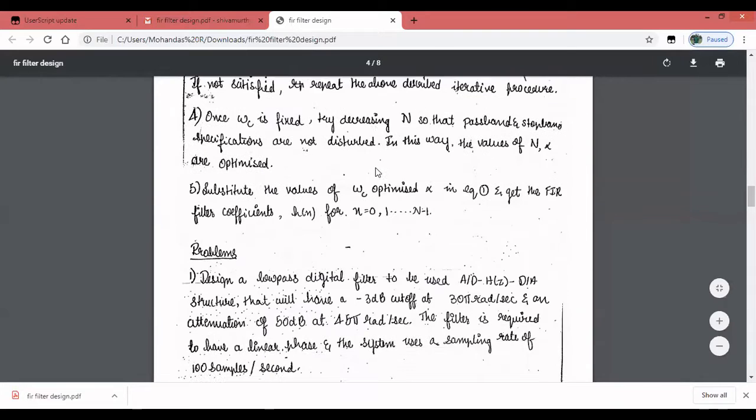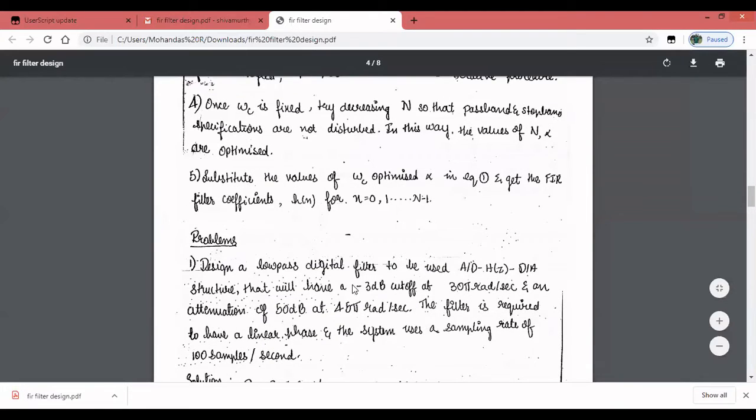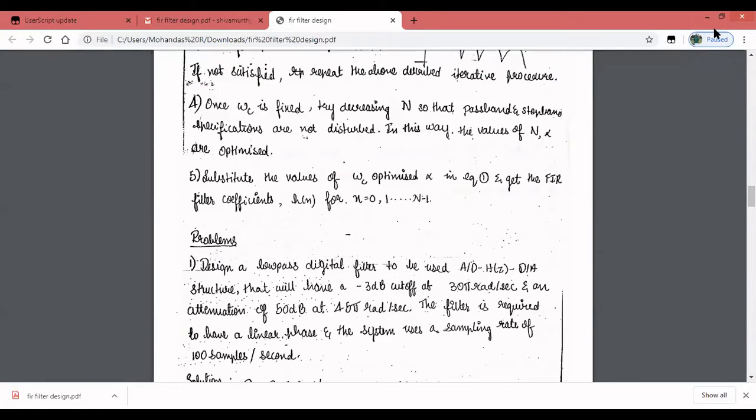Okay, so coming to the numerical here, I'm just taking a simple numerical: design a low pass digital filter to be used with analog to digital conversion of H of Z structure, that will have a minus 3 dB cutoff at 30 pi radians per second.